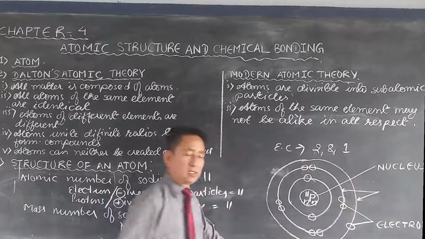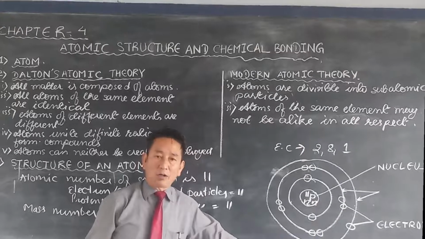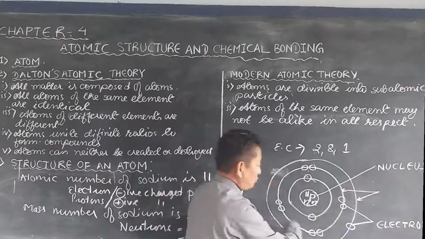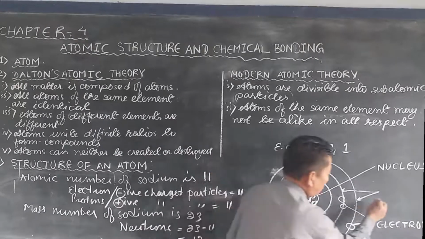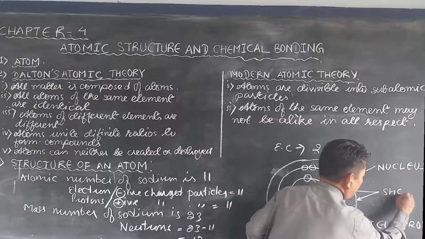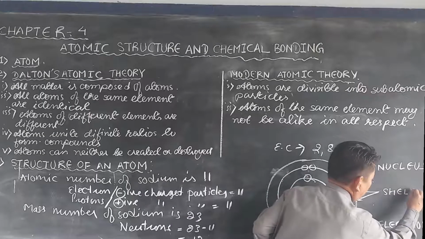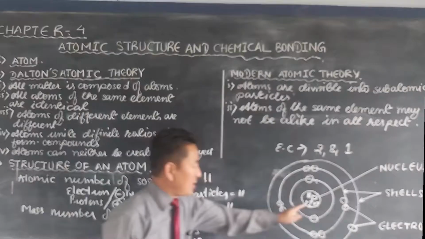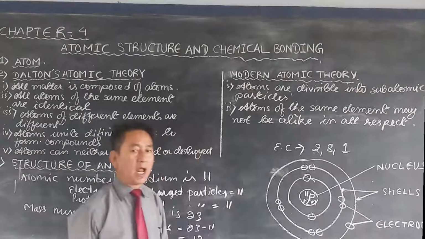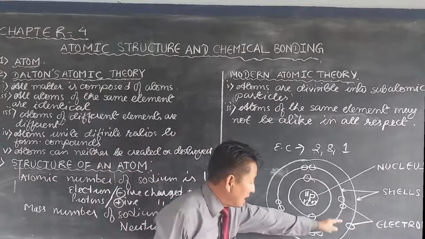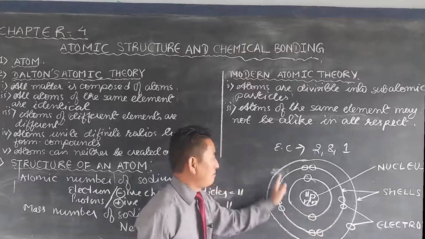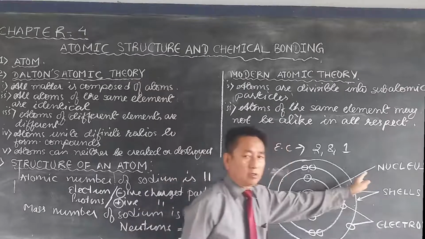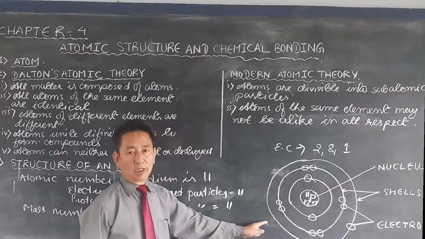Orbits or cells are the imaginary part of an atom where we find electrons, and these electrons revolve around the nucleus. You know, the nucleus is the central part of an atom.